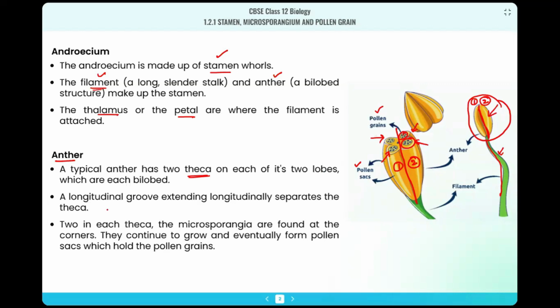So two in each theca, the microsporangia are found at the corners, and they continue to grow and eventually form pollen sacs which hold the pollen grains. Isn't it what I mentioned right now? The microsporangia will have the pollen sac, and the pollen sac will have the pollen grains.